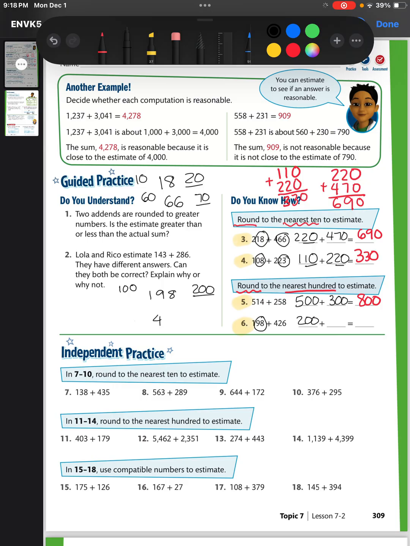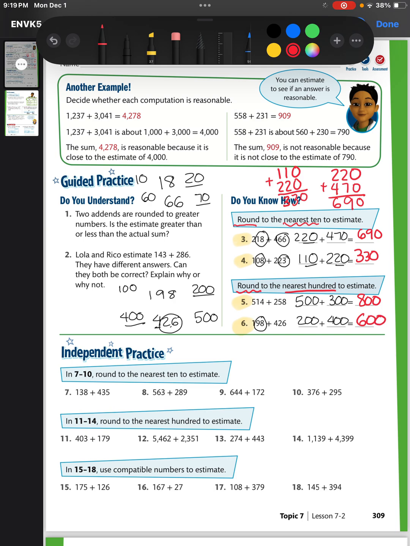And then 426 is between 400 and the next 100, which would be 500. Well, this 26 hasn't reached the midpoint yet, so it is closer to being 400. So when I add 200 plus 400, I would get the sum of 600.